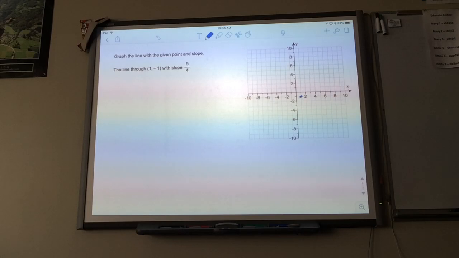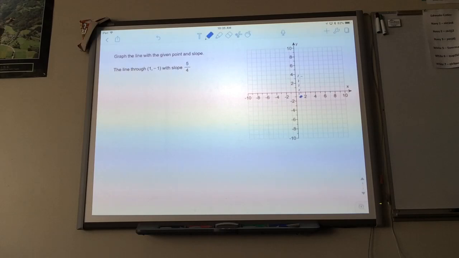That slope: go up 5, 1, 2, 3, 4, 5, and go over 4, 1, 2, 3, 4. And there are your two points, so then we can create our line based off of that.